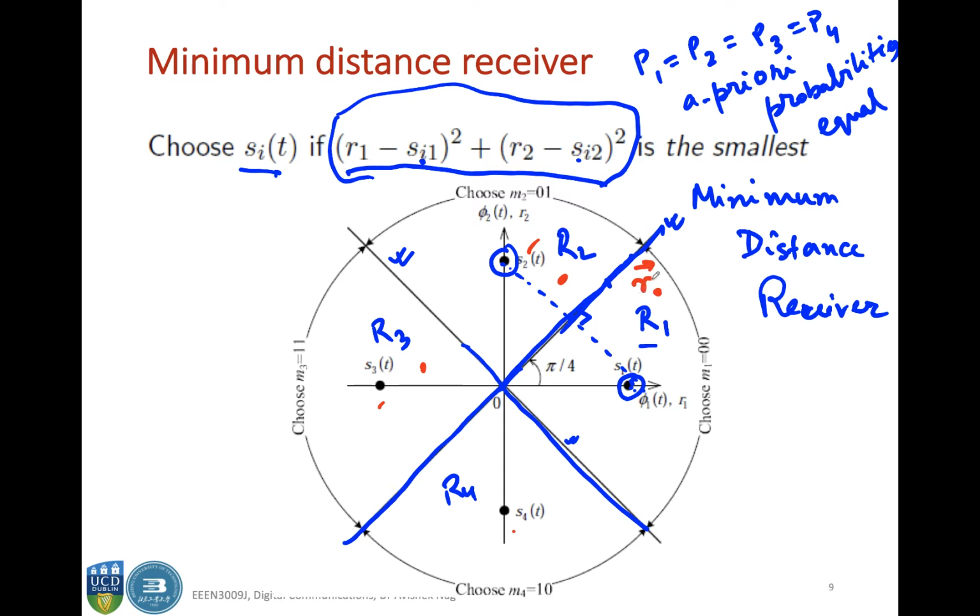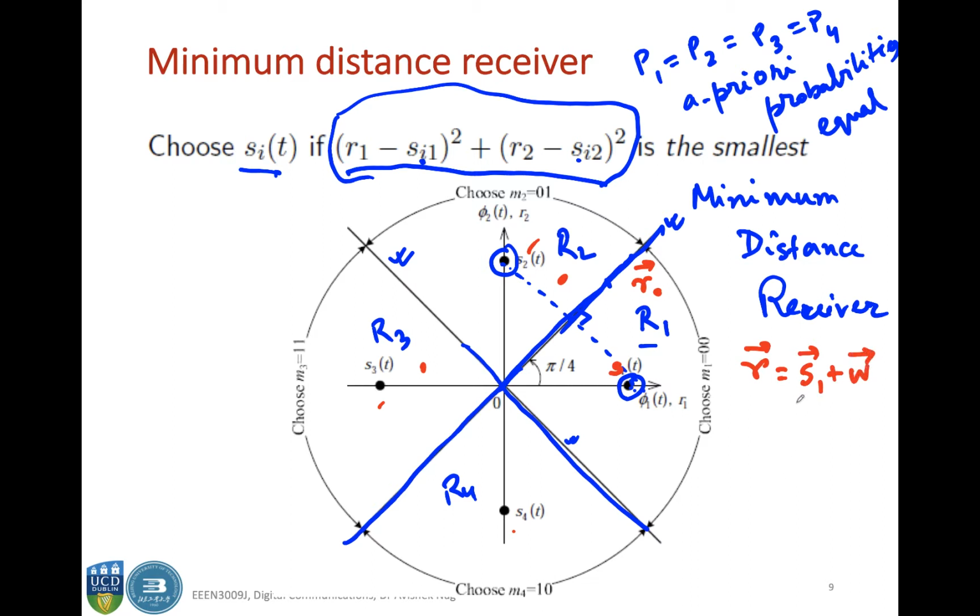So why would the received signal fall here or here? What actually makes the received signal? Let's say this one is your transmitted signal S1. Your received signal vector is basically your transmitted signal vector plus the noise vector, right?